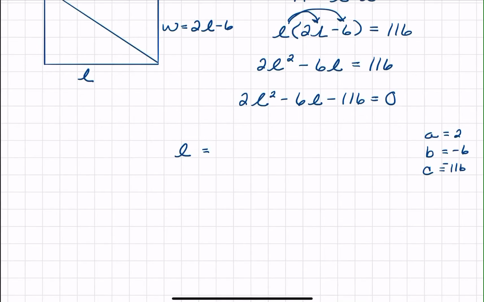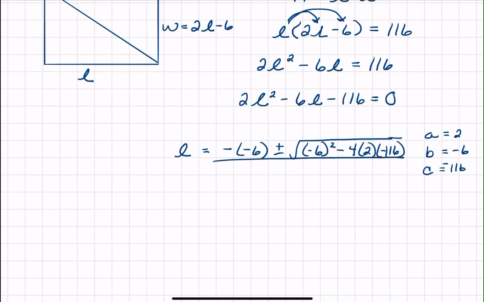So I've got negative B plus or minus the square root of B squared, which is 6, minus 4 times A times C, all over 2A.